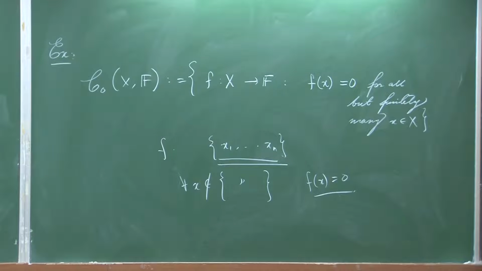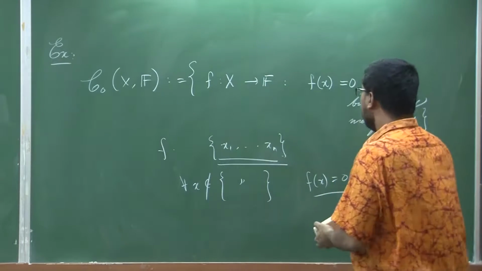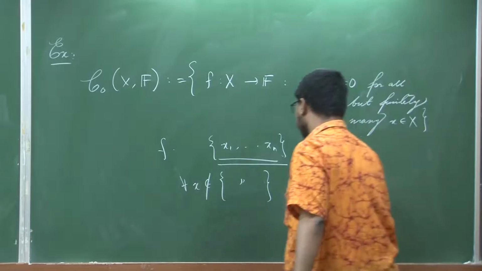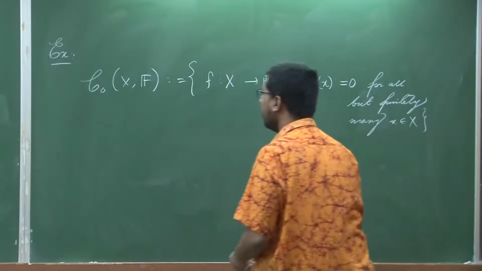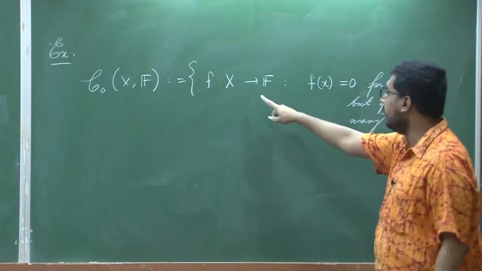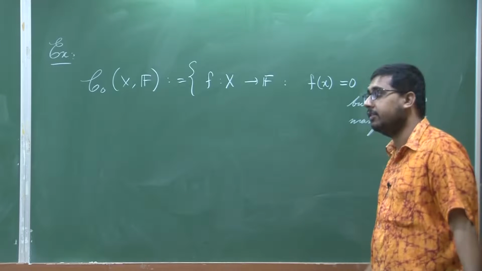I am allowing the set to vary with the function. So the constant 0 function lies here because it is always 0 everywhere.